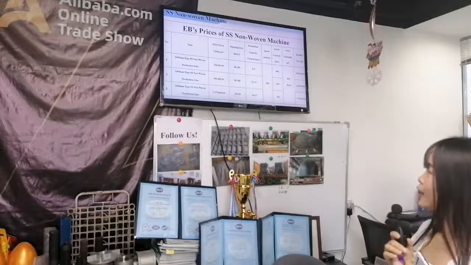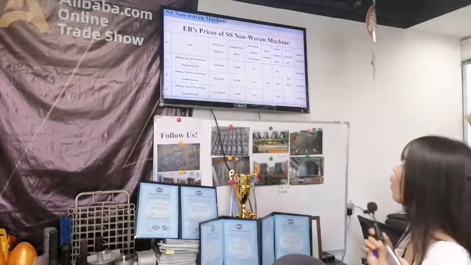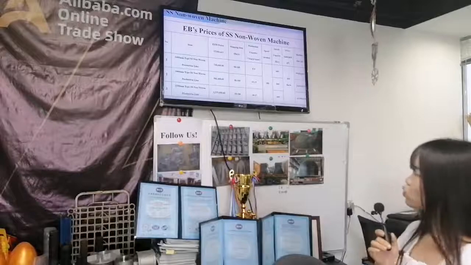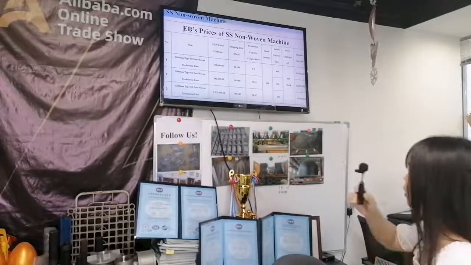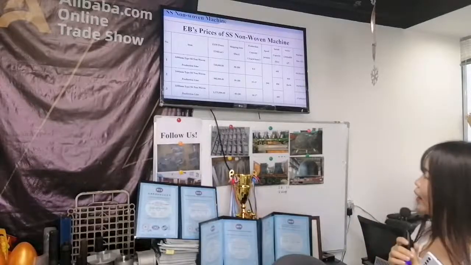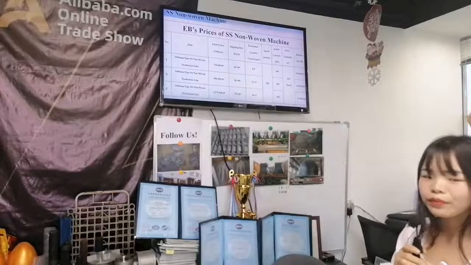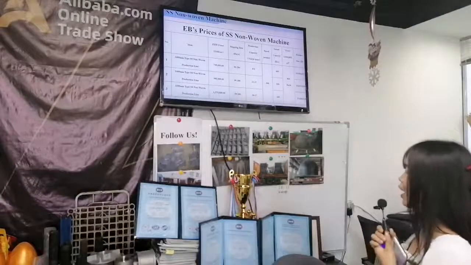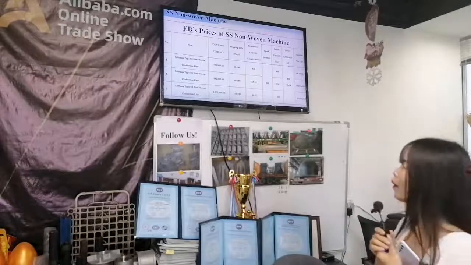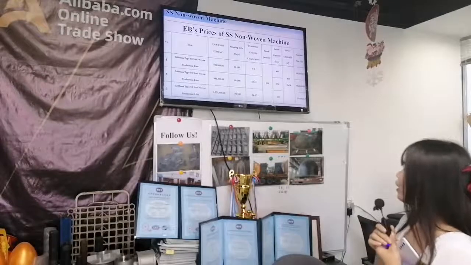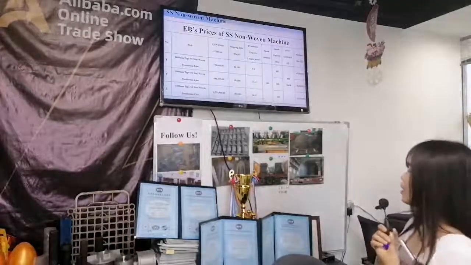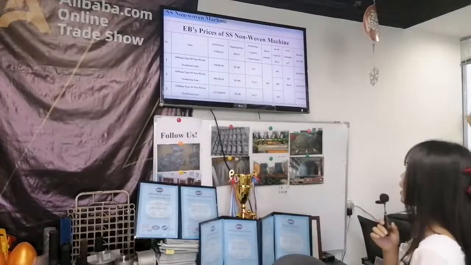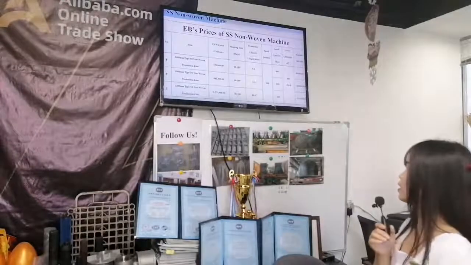Now, next is the SS non-woven machine EP process. Type 1 is the 1600 mm type SS non-woven production line. Process is 728,000.